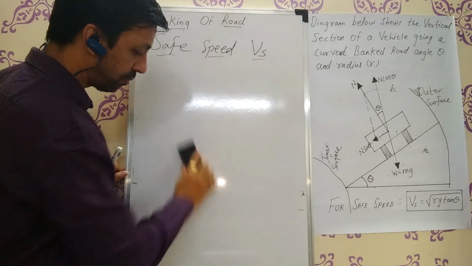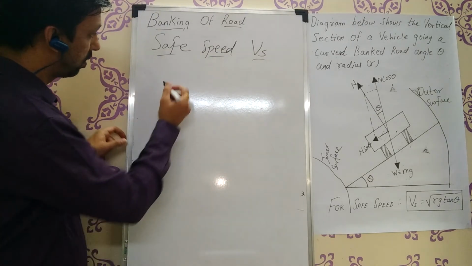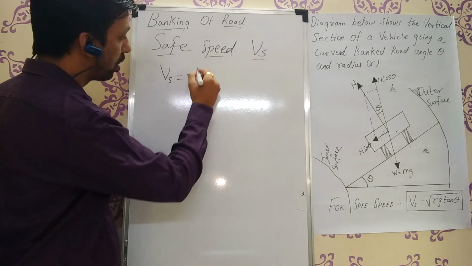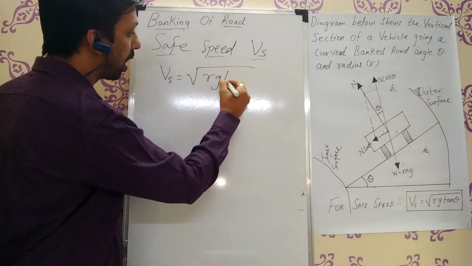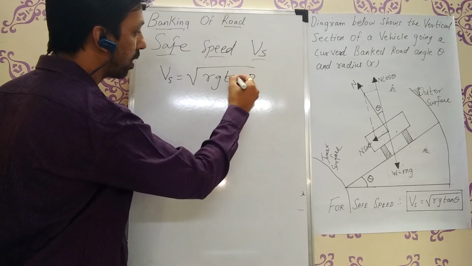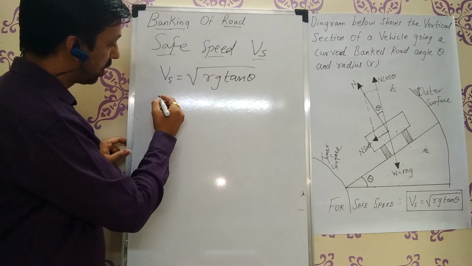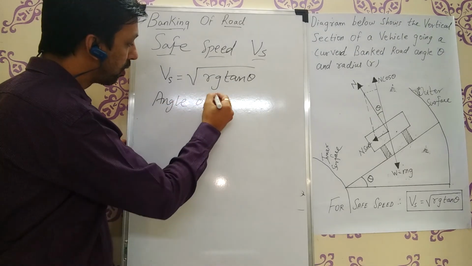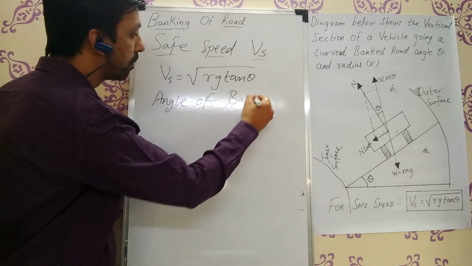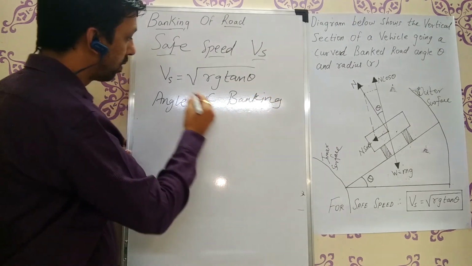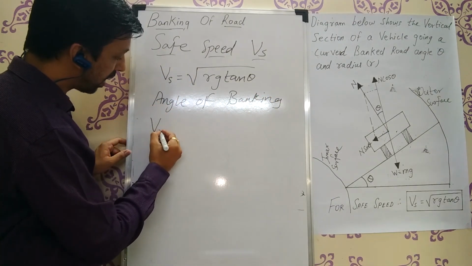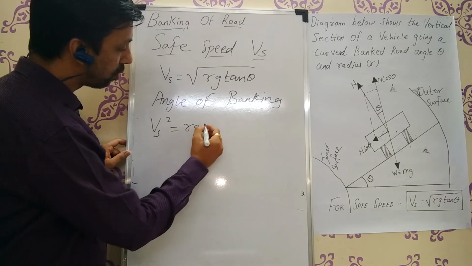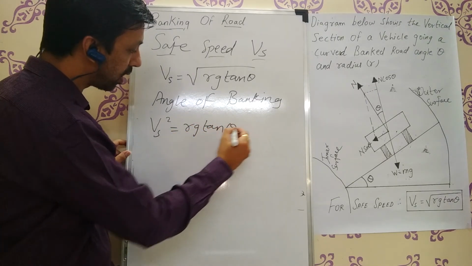The formula for angle of banking: since we have Vs is equal to under root of rg tan theta, just square both sides. V square is equal to rg tan theta.